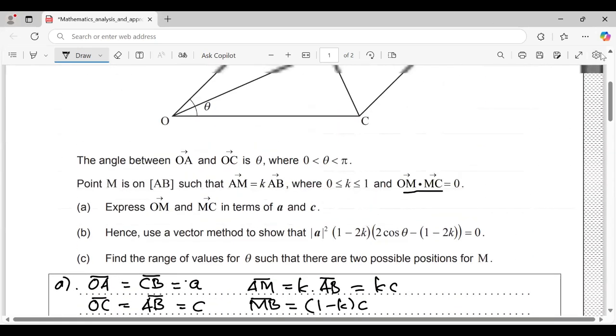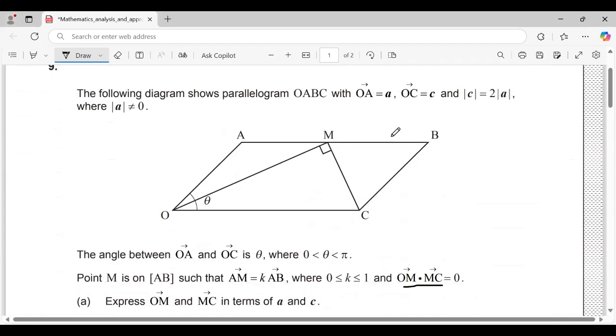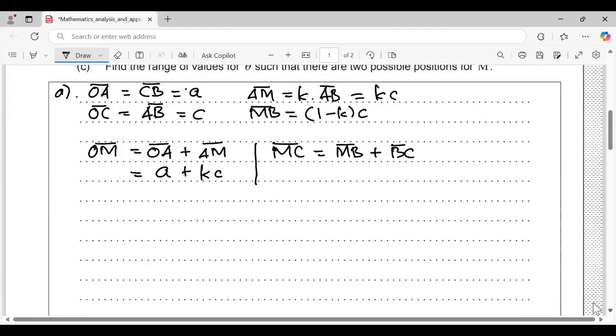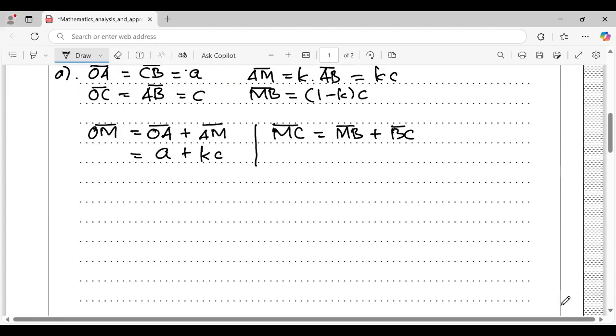MB is 1 minus KC, and BC is the opposite of OA, it means this is minus A. So MC equals MB, which is 1 minus KC minus A. So OM and MC.